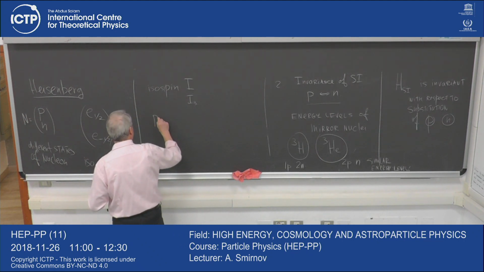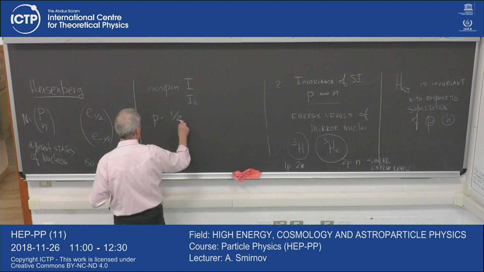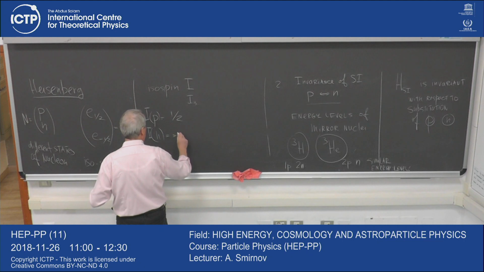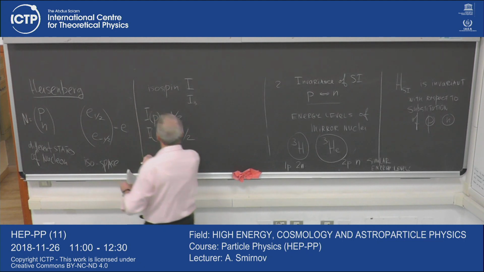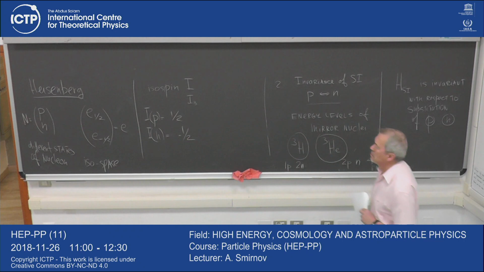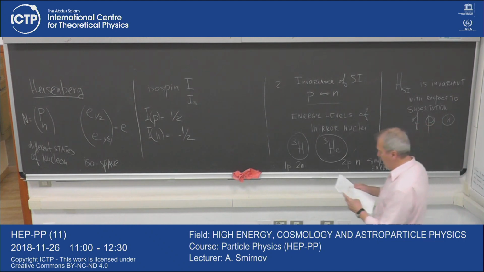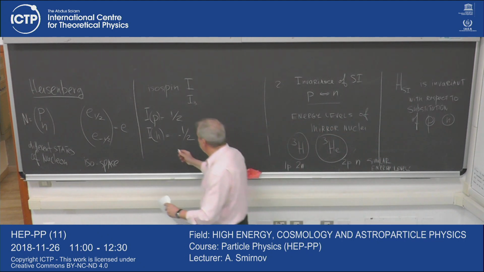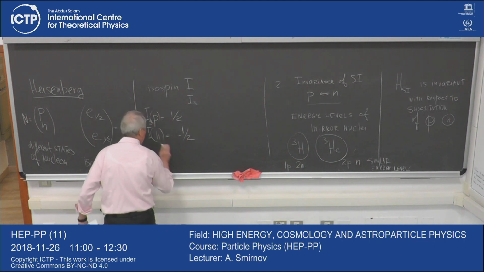For the proton, we ascribe isospin 1/2, and for the neutron minus 1/2. So let me write it: I for proton, and I for neutron is minus 1/2. Proton and neutron have different projections on the axis Z in the isospin space. So this is I3, not I. Oh yeah, sorry. Right, I3.